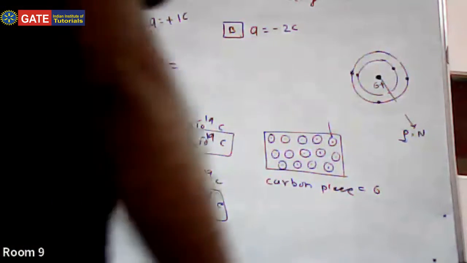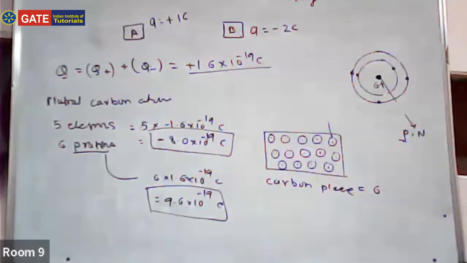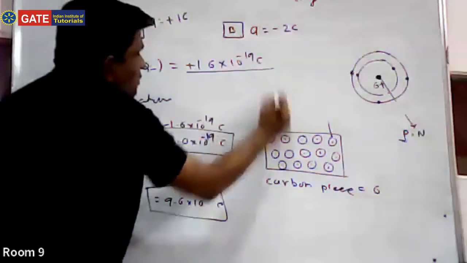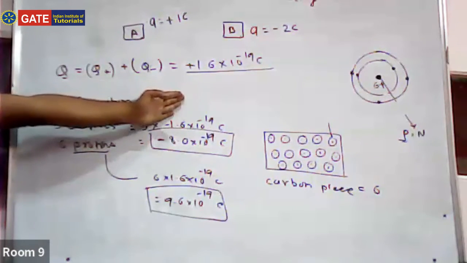Yes. So is it a neutral atom then? Is it neutral or not? Tell me. It is not neutral. This is not a neutral atom now. This is a positively charged atom.